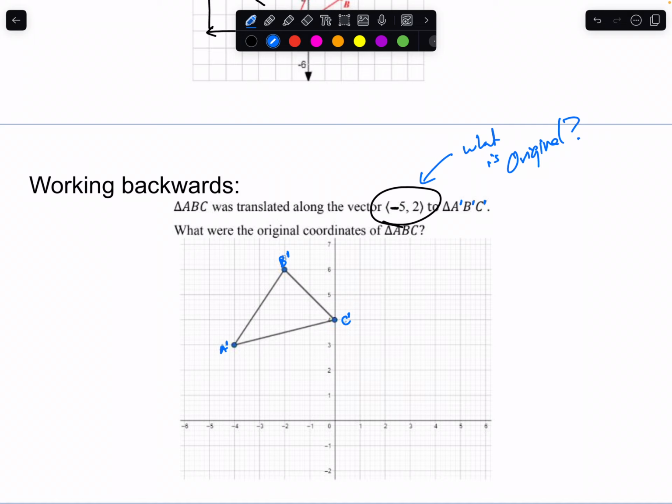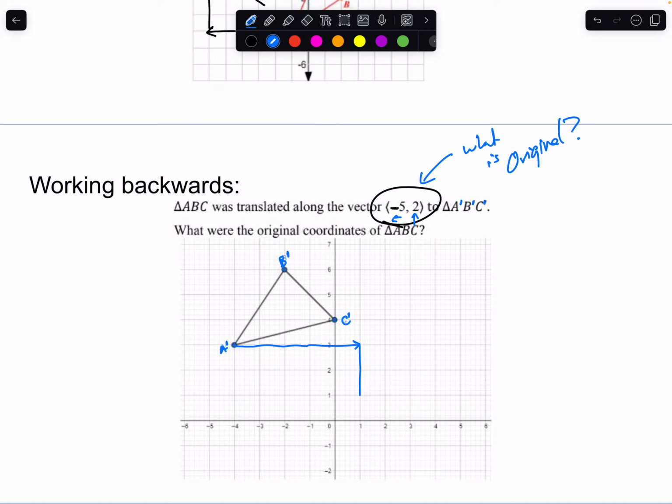I know that I moved 5 units to the left and 2 units up to get here. So I have to go in the opposite direction. If I went 5 units to the left, I'm going to reverse this. I'm going to go 1, 2, 3, 4, 5 units to the right, because I'm trying to predict where it came from. And since we moved 2 units up, we need to go backwards.